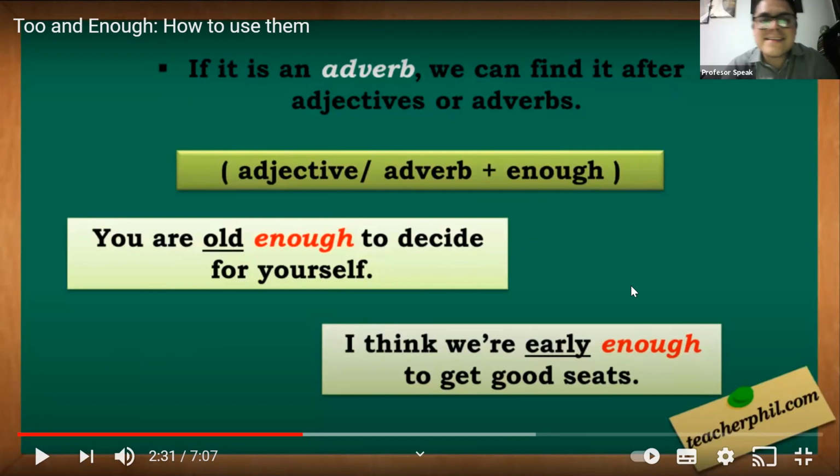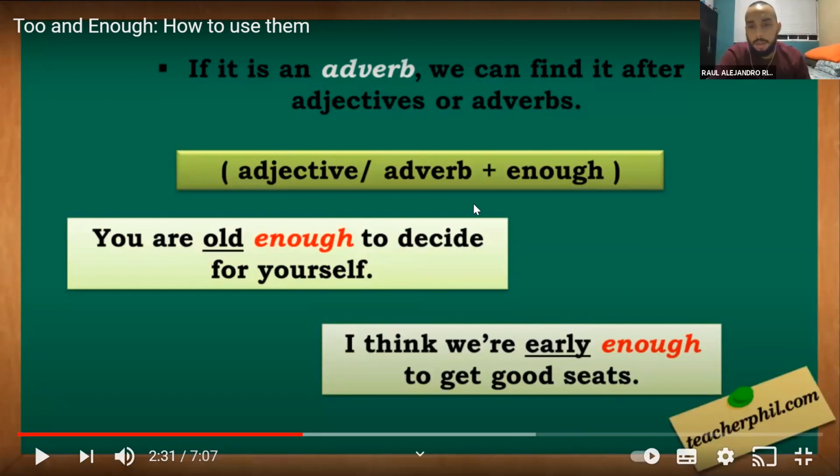If it is an adverb, where can we find the word enough? After or before adjectives? After the adjective. Okay, in this case, old is an adjective. Early is an adverb or an adjective? It is an adverb.